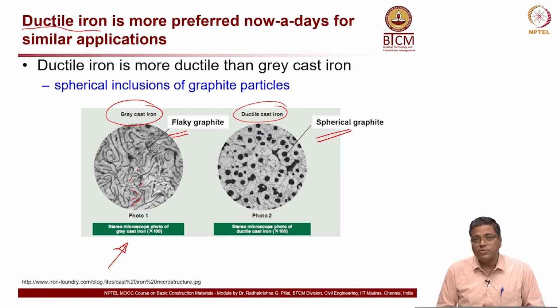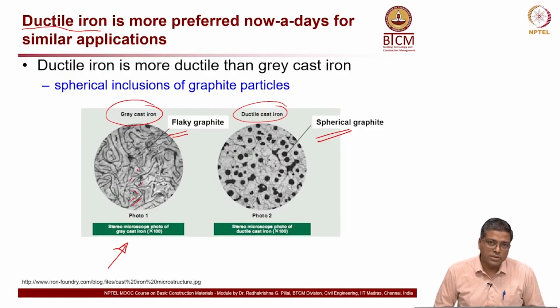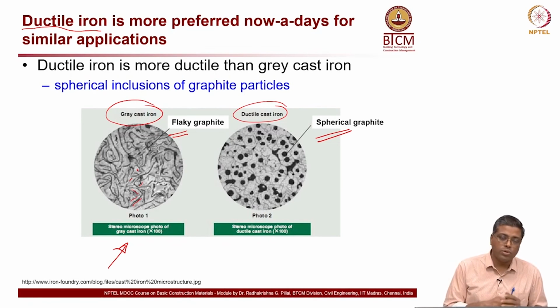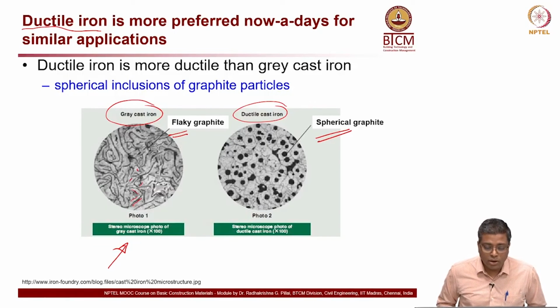So, because of this spherical nature, it helps in preventing the progression of the cracks, and crack propagation is more difficult when you have spherical graphite as compared to flaky graphite. So, that is why it has ductile behavior as compared to a cast iron.